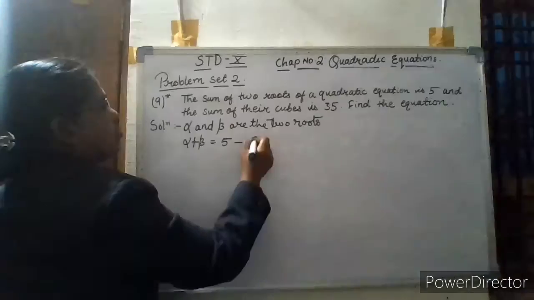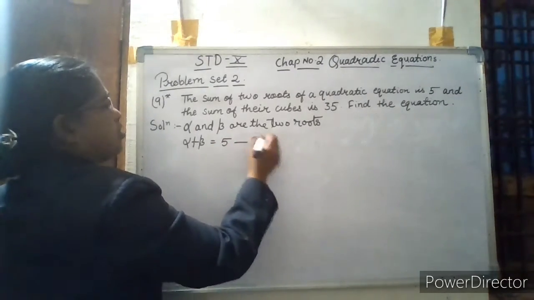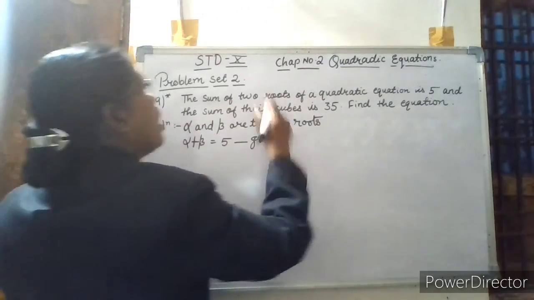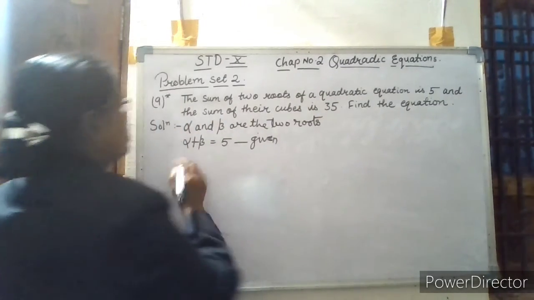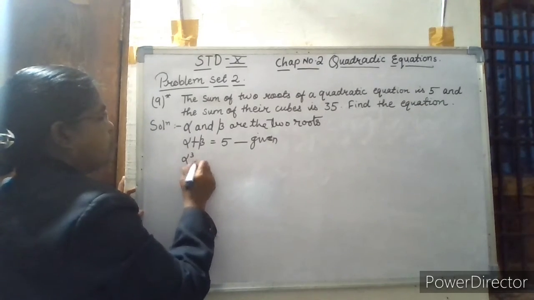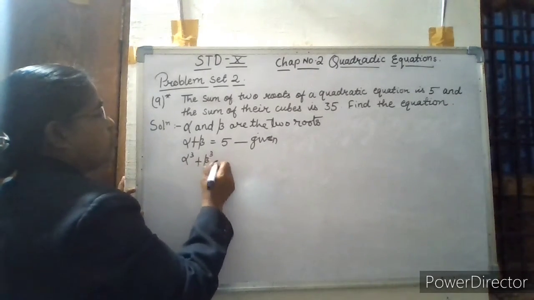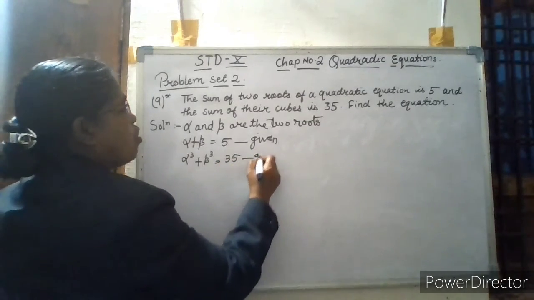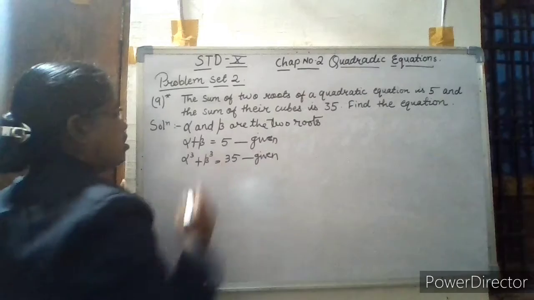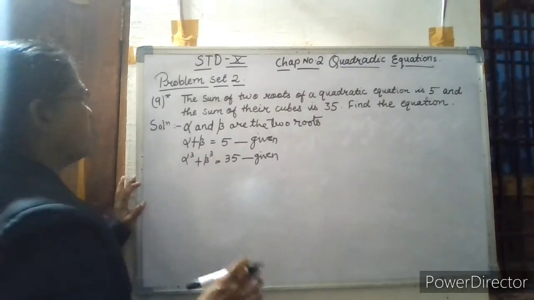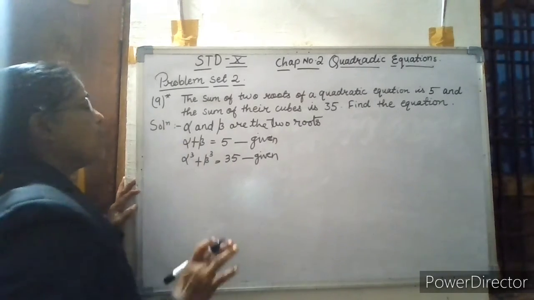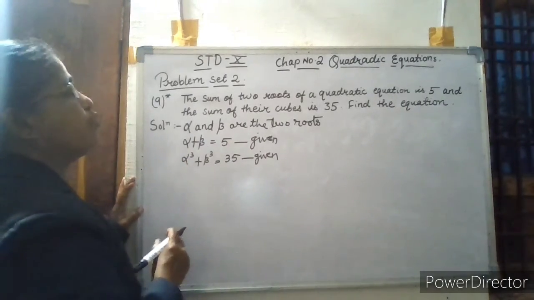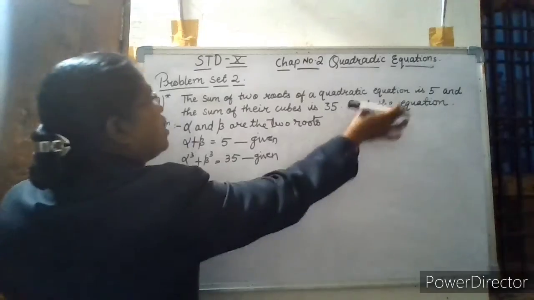This is given. Next, the sum of their cubes is 35. That means alpha cube plus beta cube is equal to 35. This is also given. Now we have the sum of the roots. Now we have to get the product of the roots. Then only we can form the equation.